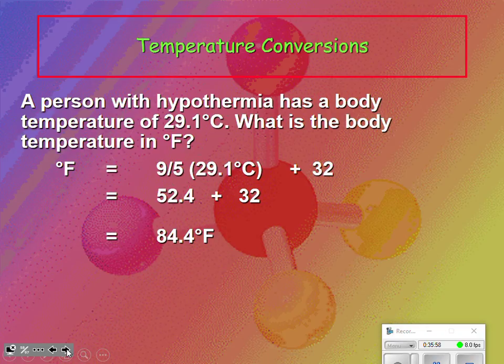So if you would do the math, 9 divided by 5, multiply that by 29.1, will give you 52.4. And then you add 32 to it. So hypothermia has a lower temperature. You'll see later on that hypo is lower. Hyper is higher.